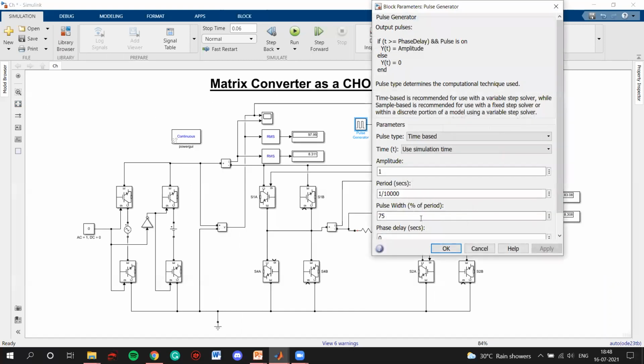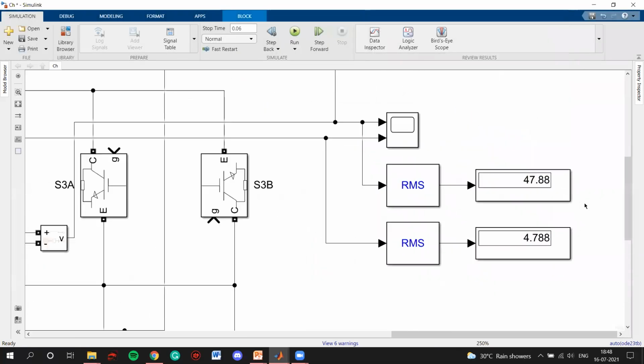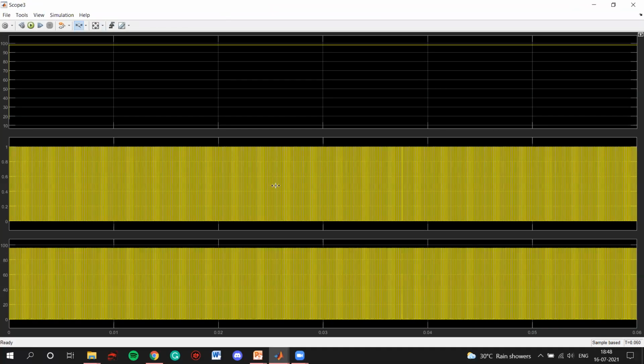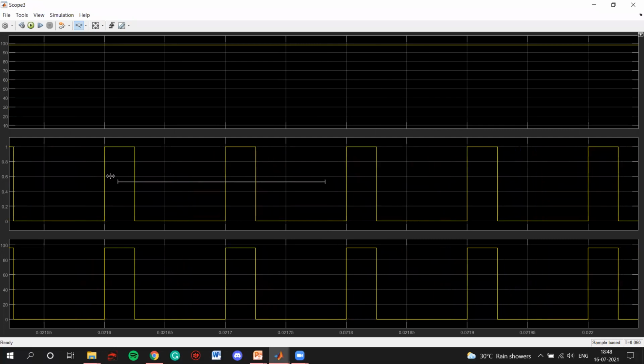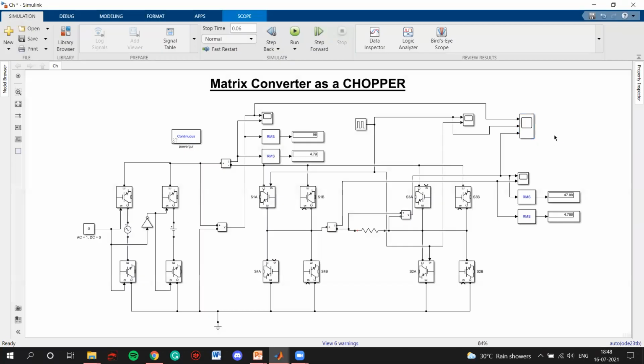And if we decrease this, let's say 25, and let's see, so output is 47.88, right? So here we can see the gate pulses are of only 25% duty cycle, so we are getting output accordingly, right?